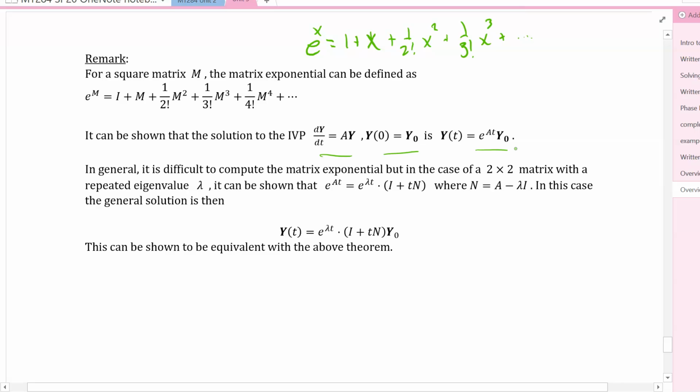Now, in general, for a coefficient matrix A, that's a hard thing to do, but in the case of a 2x2 matrix, it's actually pretty simple, because it can be shown that e to the At, the matrix exponential, will come out as e to the lambda t times the identity matrix plus t times N, where N is the matrix A minus lambda times the identity. Turns out that's a nilpotent matrix, and you end up with a solution that takes this form. This is equivalent to what we have in the theorem up above.